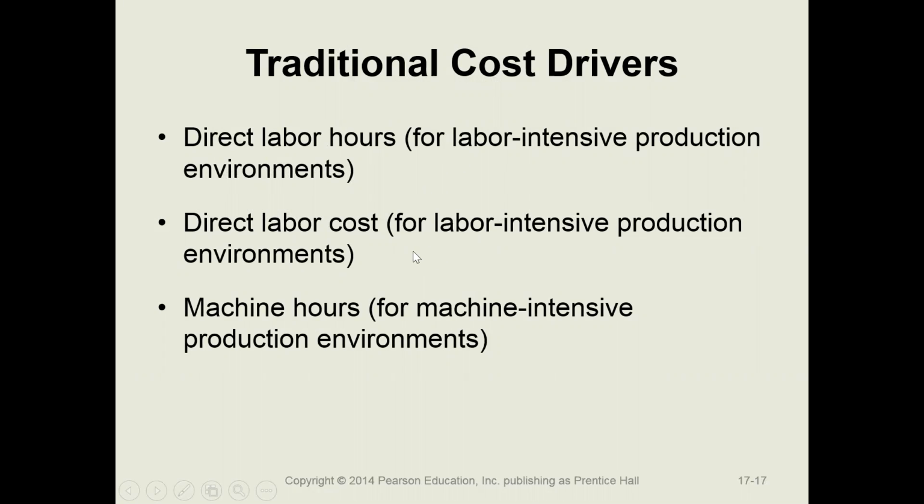So if a process uses a lot of labor, then direct labor hours or direct labor cost would be appropriate bases for spreading out the overhead. On the other hand, if there's a production process that uses a lot of machines, then perhaps machine hours would be a good basis for spreading out overhead. These are selected by management, and they try to choose a basis or a driver that is most appropriate for their type of business.